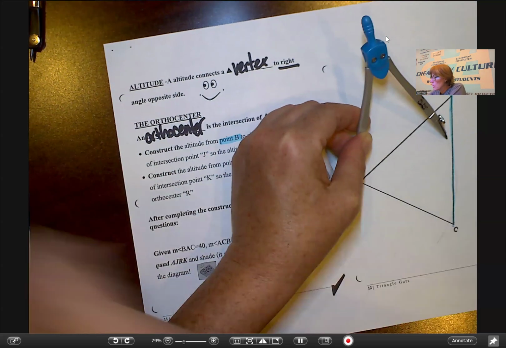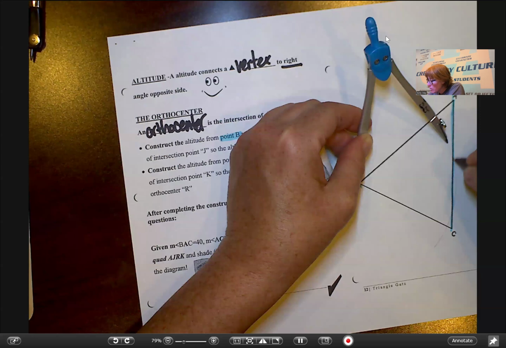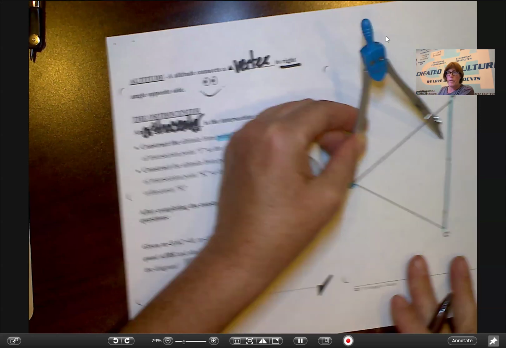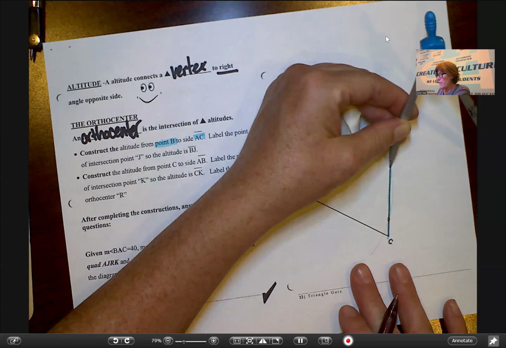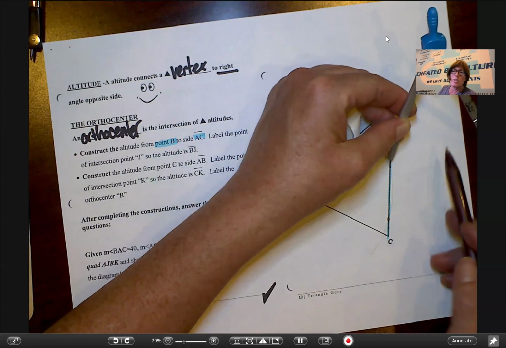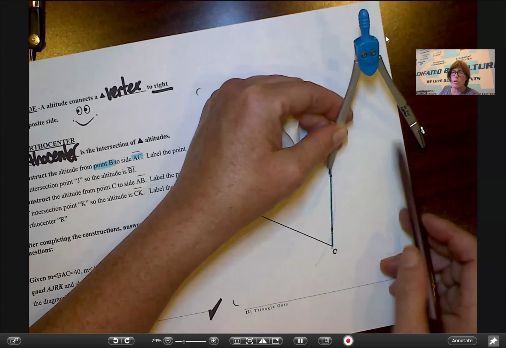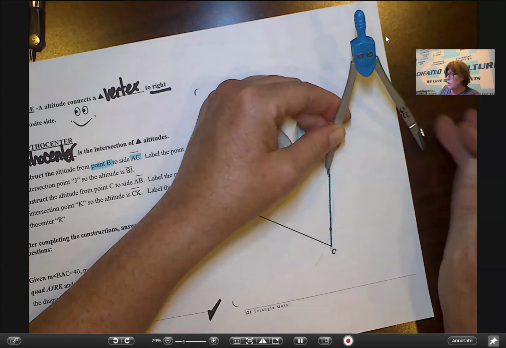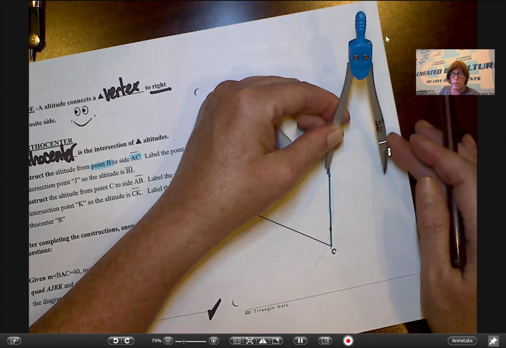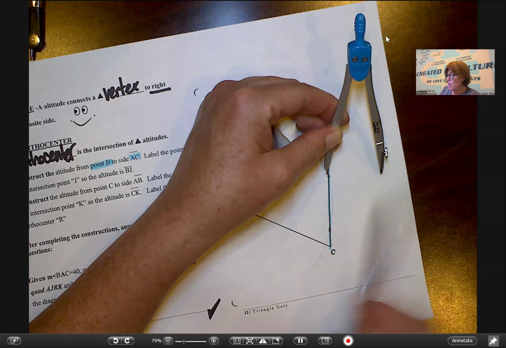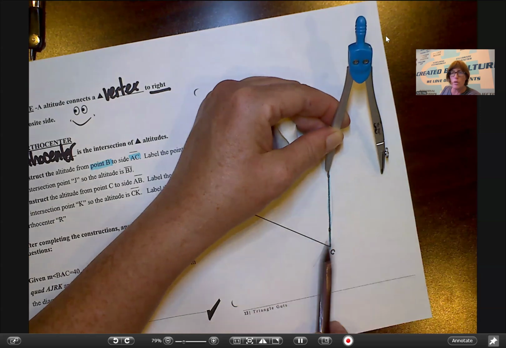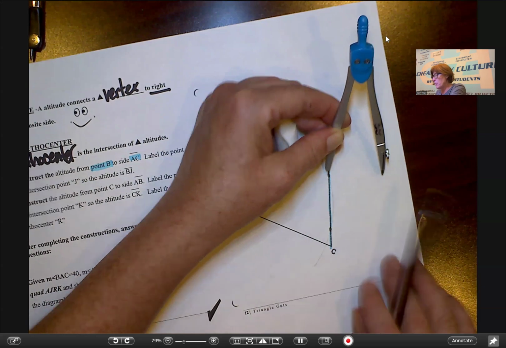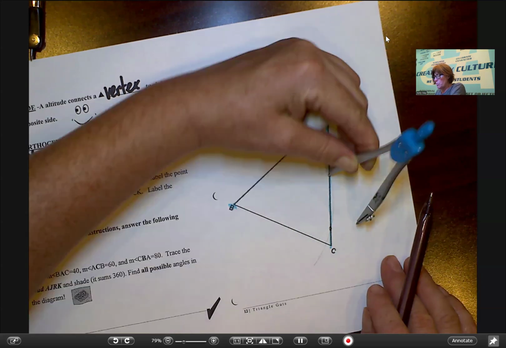When you do this, you're going to have 2 points of intersection. Now, if I don't change my compass settings, you can see I'm flying off the page here. So at this point, if you need to, you can choke up your compass or make it smaller. But from one dimple to the other dimple, do not change your compass settings. So from this dimple, sweep.